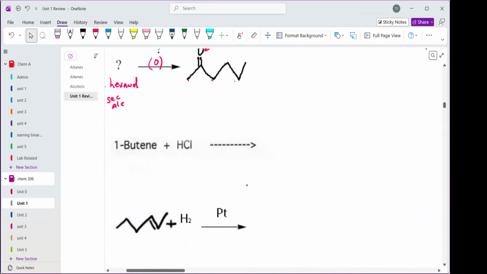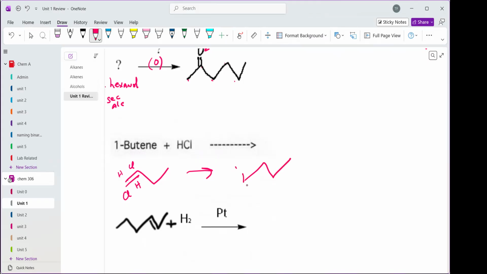Okay, so here's 1-butene. Okay, so one time it's going to be like that. Statistically, the other time it's going to be like this. Now, question is, which is more stable?